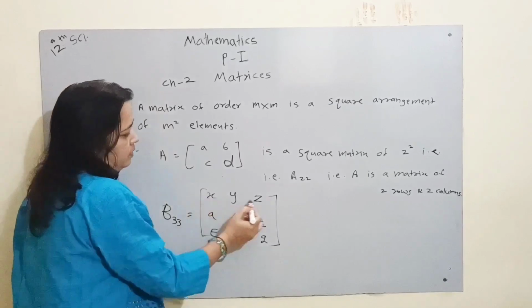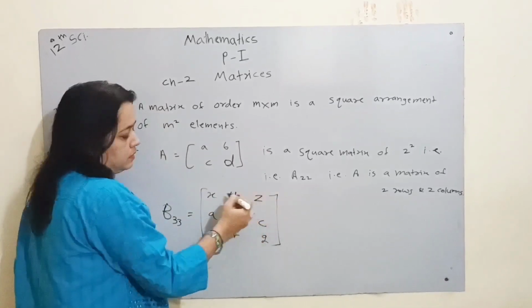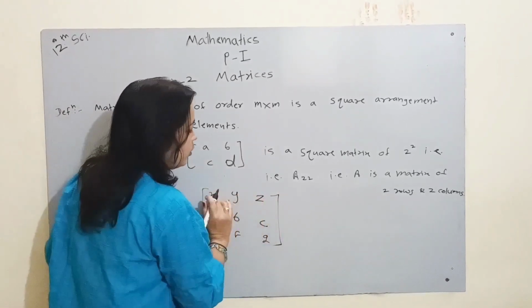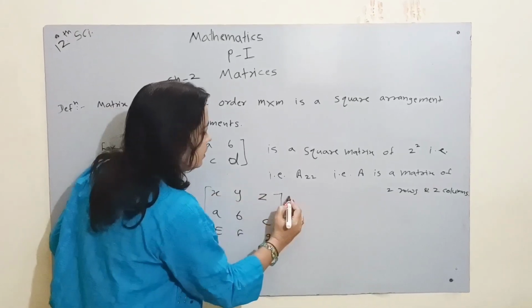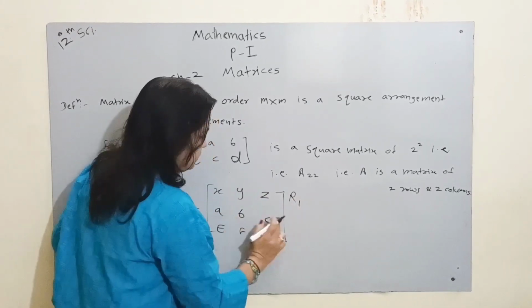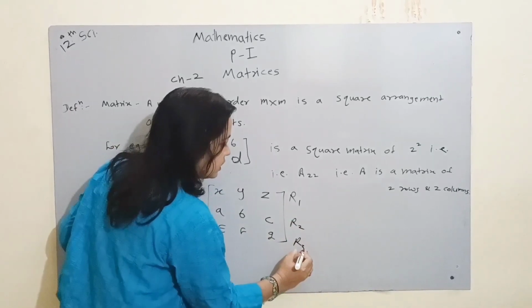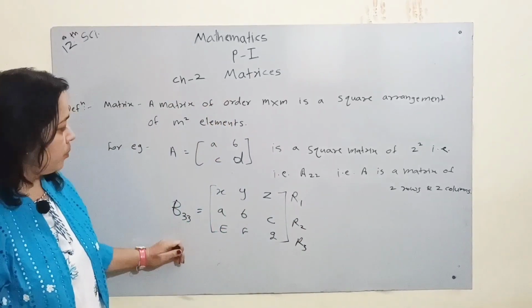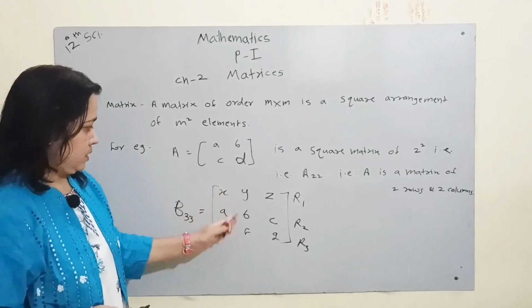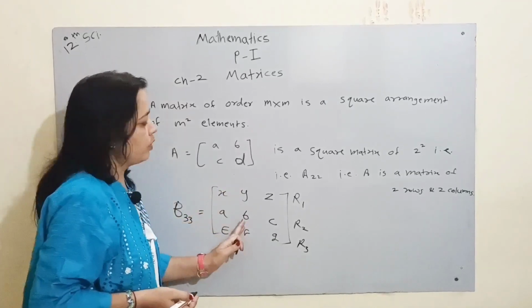Here horizontal elements in horizontal lines are known as rows. So here this is row 1, this is row 2nd, and this is row 3rd. If we consider columns, vertical elements in a line are known as columns.